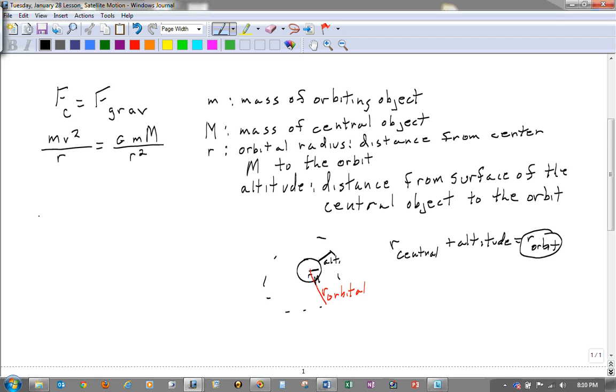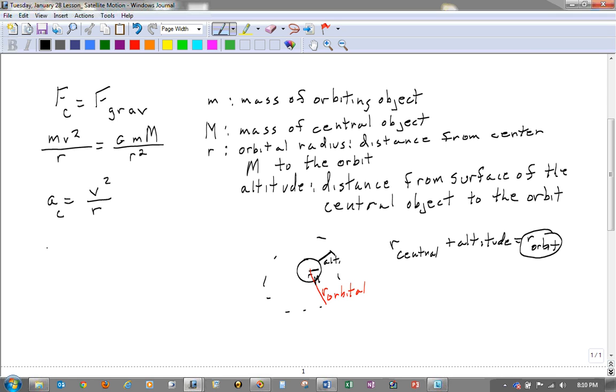So that's the basic formula that we're going to work with. Also, another formula that we'll work with is centripetal acceleration is equal to the tangential velocity squared divided by the radius. So that's another basic formula that we can use.